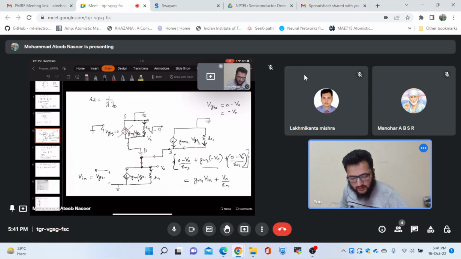Had there been an ideal transistor with no output resistance, we would have no current in this circuitry. But since we have channel length modulation, we have R naught3, so we have the current in the circuit.